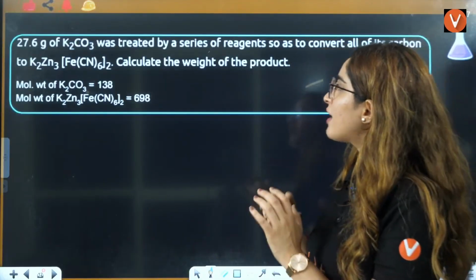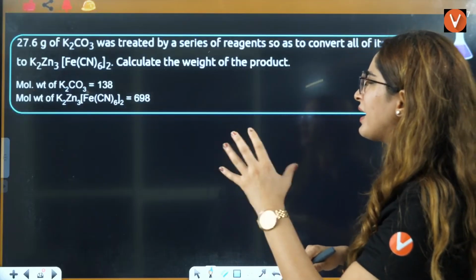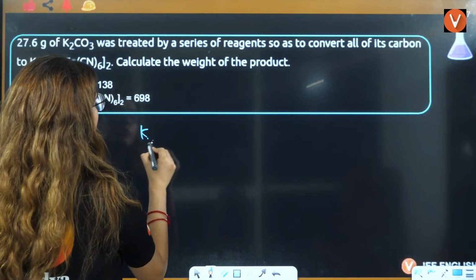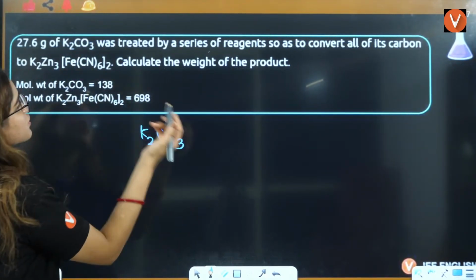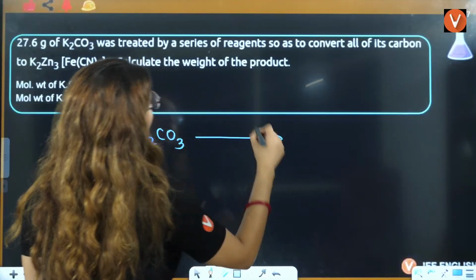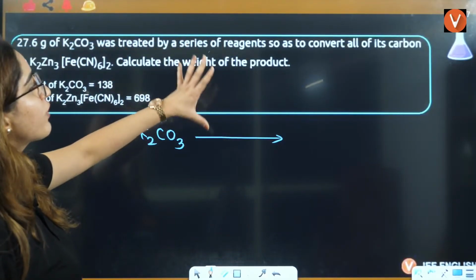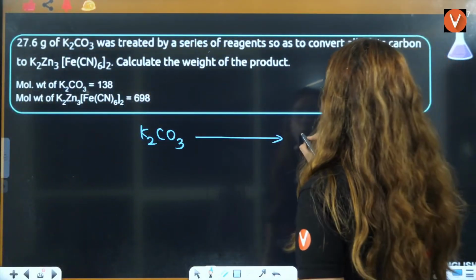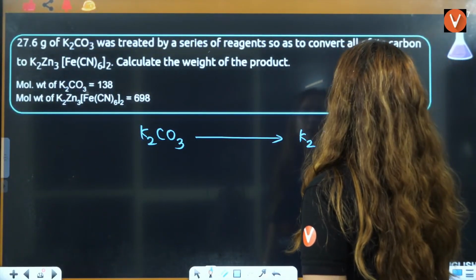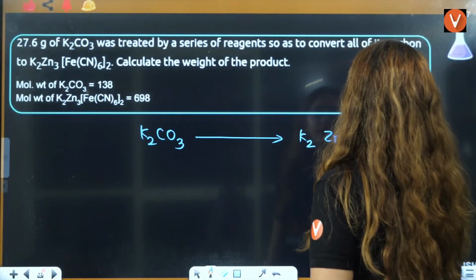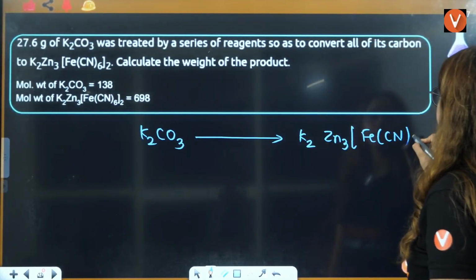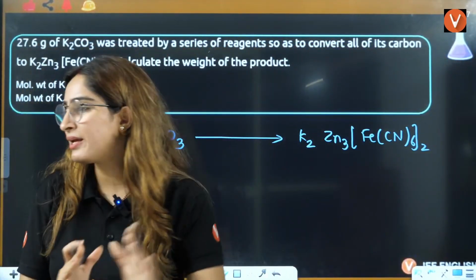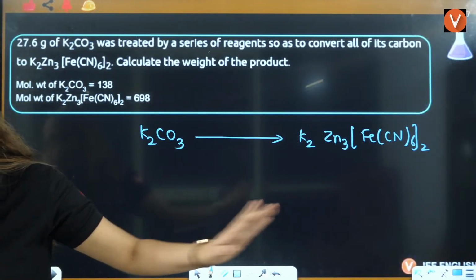The first question here is: 27.6 gram of K2CO3 was treated with a series of reagents, I have no idea how many, so as to convert all of its carbon to a compound that is K4[Fe(CN)6] twice. Now, can I balance this equation here?